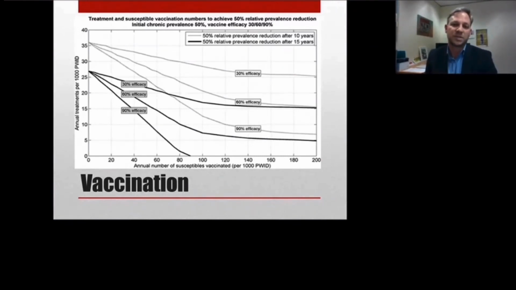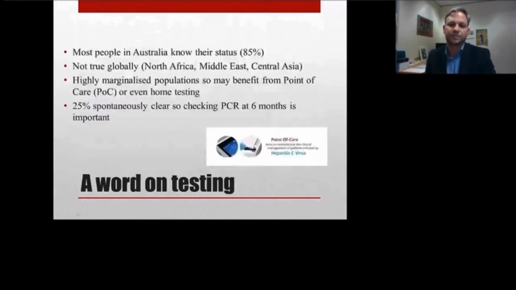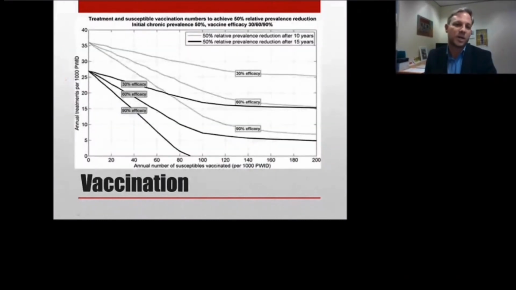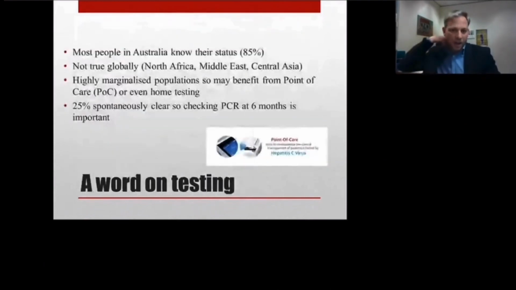If you've got a 60% efficacy in your vaccine and you can immunise 80 per 1,000, you still only have to treat 10 or 12, compared to no vaccine, 26, 27. So vaccination, even moderately effective, moderate coverage, makes a big difference.